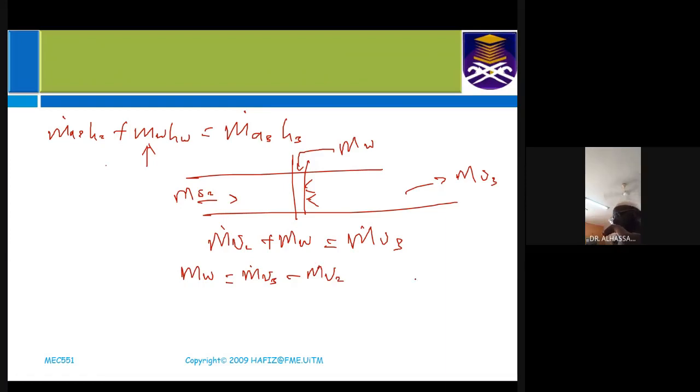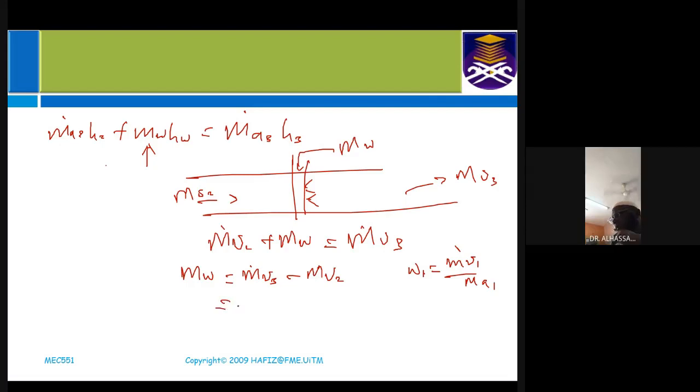But what is MV? So this MV, we know by definition omega 1 equals MV1 divided by MA1. So whenever we see MV, we replace it by omega times MA.